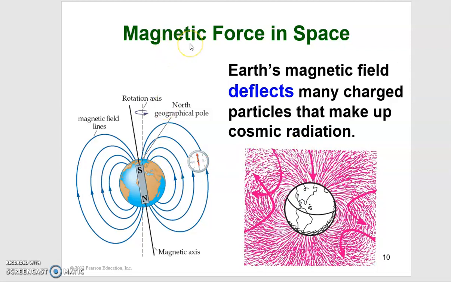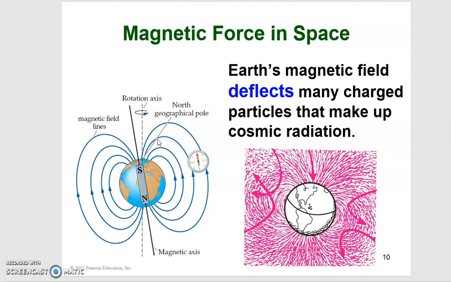Let's assume that you have a positive charge moving from this direction and hitting the surface of the Earth. When they come to these regions, they will experience a magnetic field produced by the Earth. And using the right-hand rule, the direction of the current is in this direction, and the magnetic field at this particular point is in this direction.